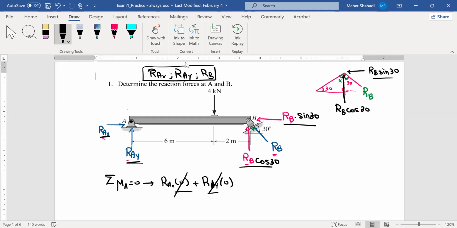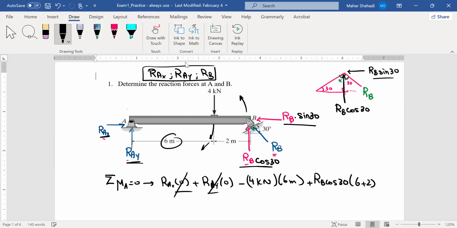What do we have left? I have 4 kilonewtons. It's going in the clockwise direction, so minus 4 times 6, the perpendicular distance from that force to point A. And then I have RB cosine going in the counterclockwise direction, so plus RB cosine 30 times 6 plus 2.